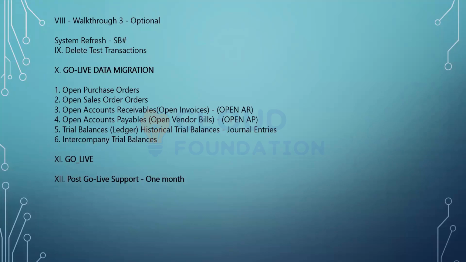I'll explain that once again. Usually NetSuite implementations are done this way. There is a production account, and the entire configuration is done in the production account from the beginning.